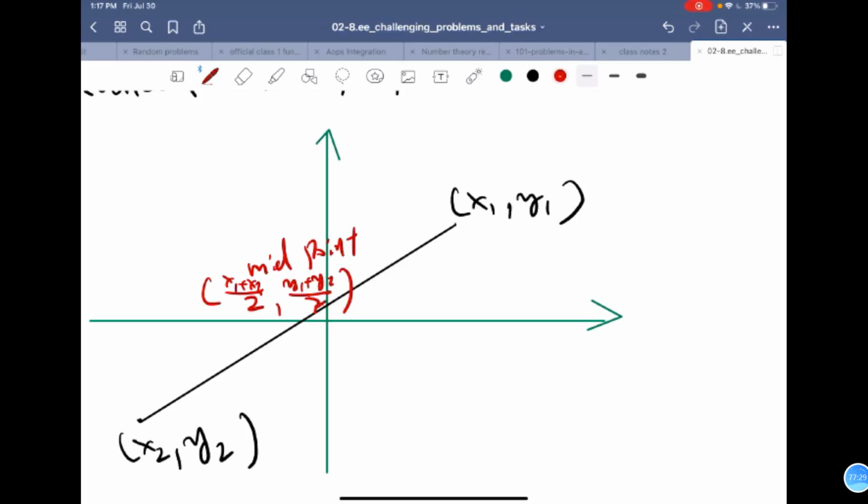So basically, what you're doing for a line that is not parallel to the plane is that you have the vertical component, half.